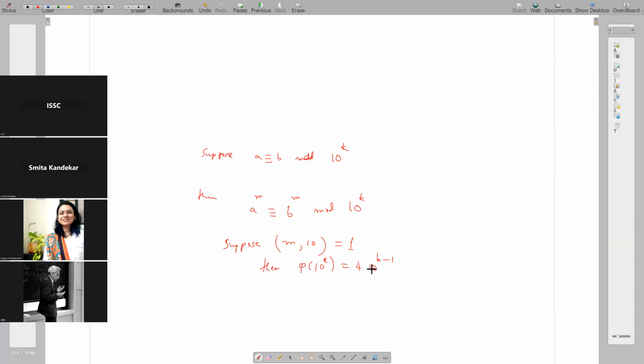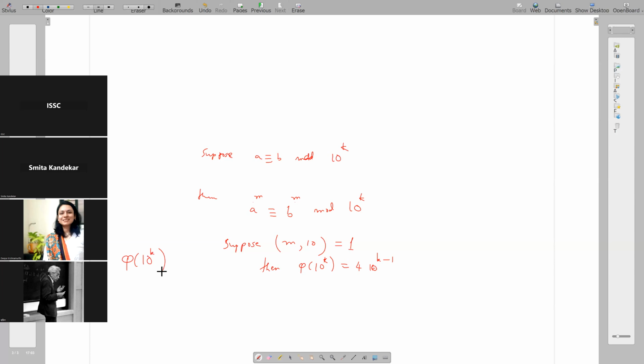Phi of 10 raised to k has again 2 and 5 as the factors.